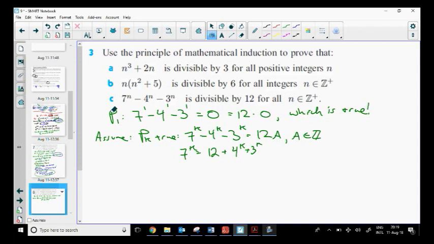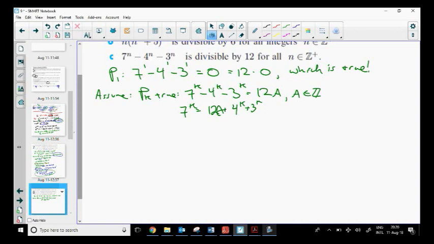Okay, so 7 to the k is equal to 12a plus 4 to the k plus 3 to the k. That's definitely true based on my assumption. Now we're going to use that to say something about our k plus 1 statement, which, by the way, is going to be that 7 to the k plus 1 minus 4 to the k plus 1 minus 3 to the k plus 1 is also equal to 12 times some integer.